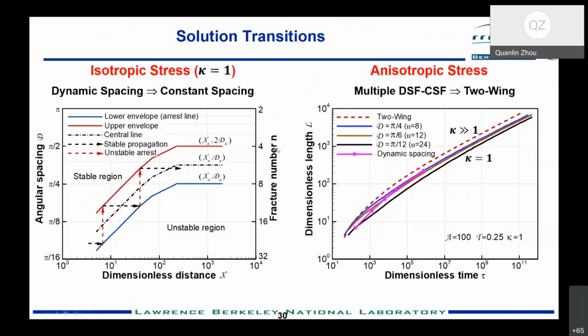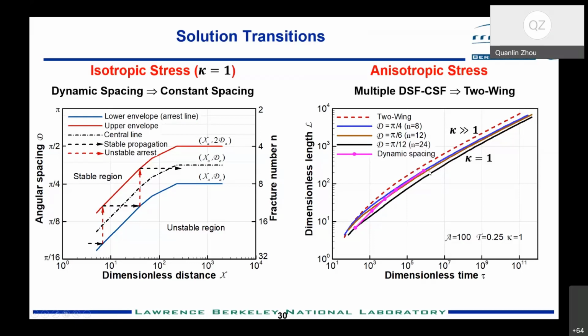So this is for the isotropic stress case. You see again something propagates and arrests, propagates and arrests and propagates. But now that is propagate forever, because there's no change in the angular spacing with time. Here is another case for fracture length: you can see the pink solution and then the blue solution.